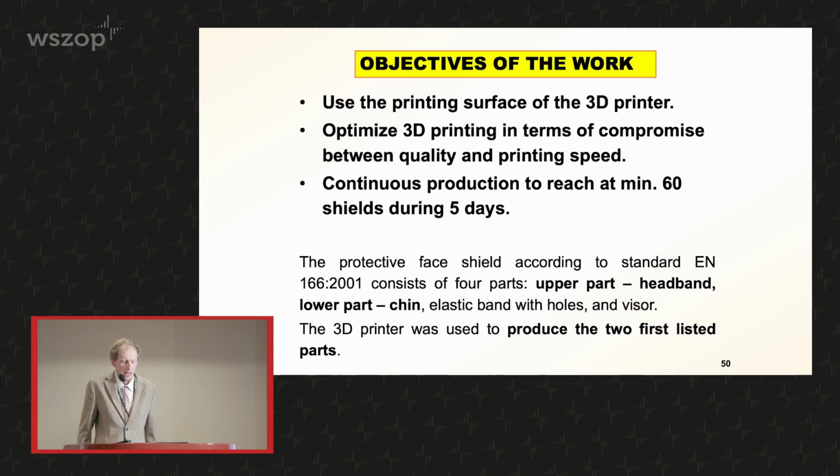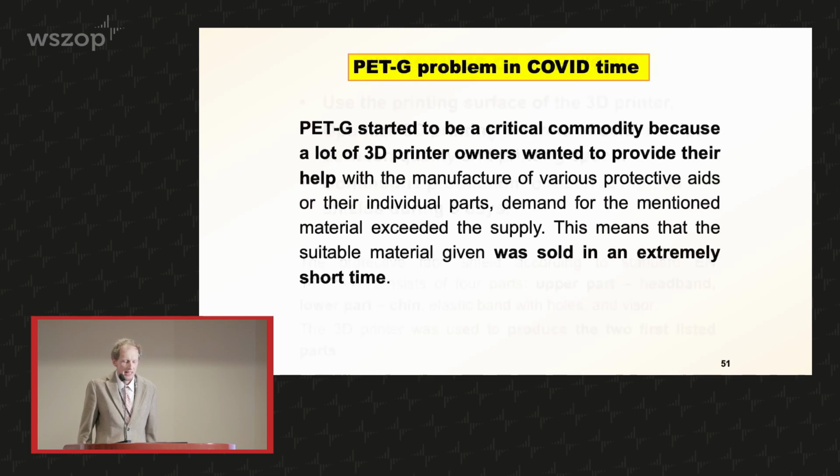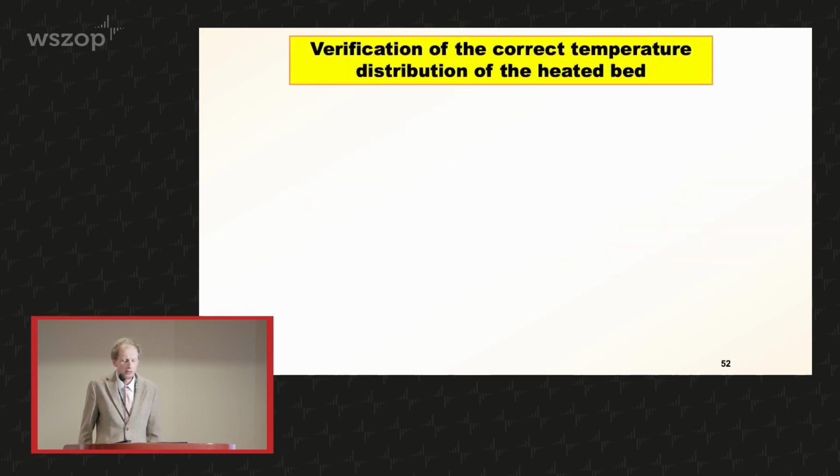PETG material started to be a critical commodity because a lot of 3D printer owners wanted to provide their help, and this means that not only PETG materials but ABS and the next materials were sold in an extremely short time. And now I will talk about verification of the correct temperature distribution of the heated bed. And why?